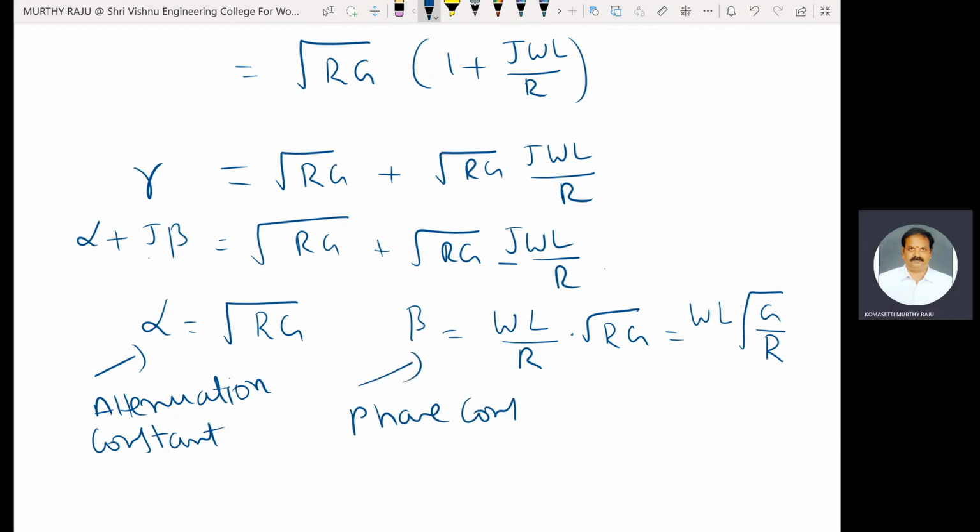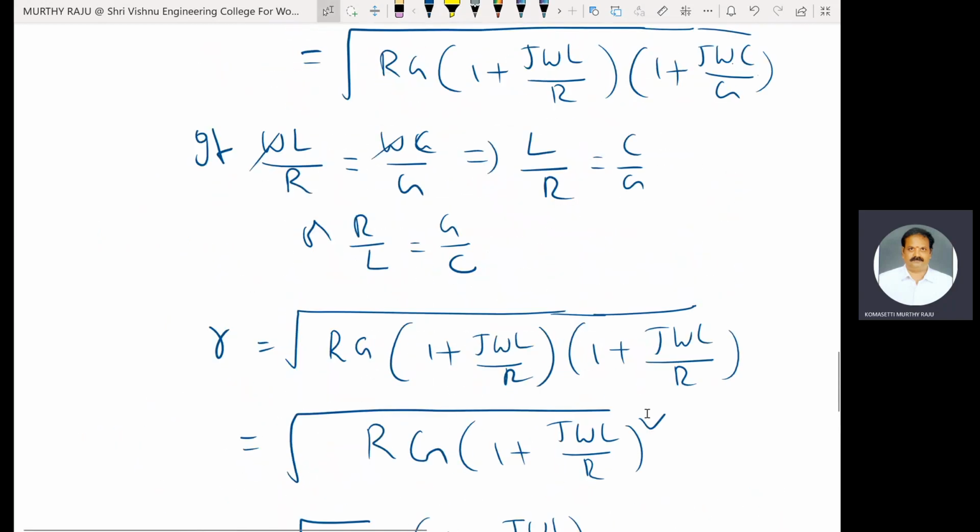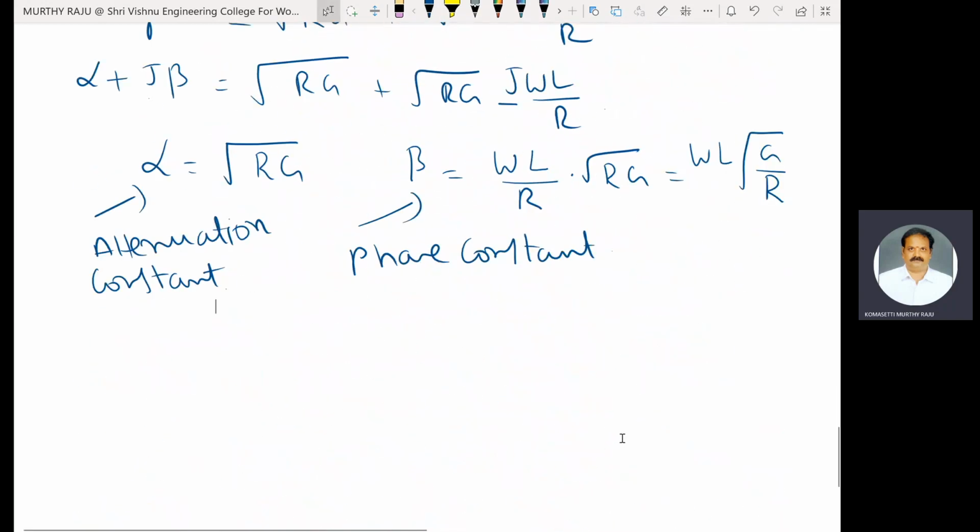In order to avoid frequency distortion on the transmission line, the attenuation constant should be made independent of frequency. The attenuation constant alpha is independent of frequency. There is no frequency term involved here, it is totally based on R and G elements only, if this condition R by L equal to G by C is satisfied.